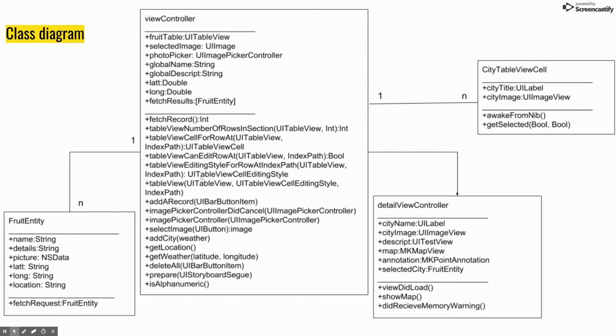It saves all this information in the fruit entity, which holds the name, the details of the weather, the picture as NSData, the latitude and the longitude of the location, and then the name of the location itself.